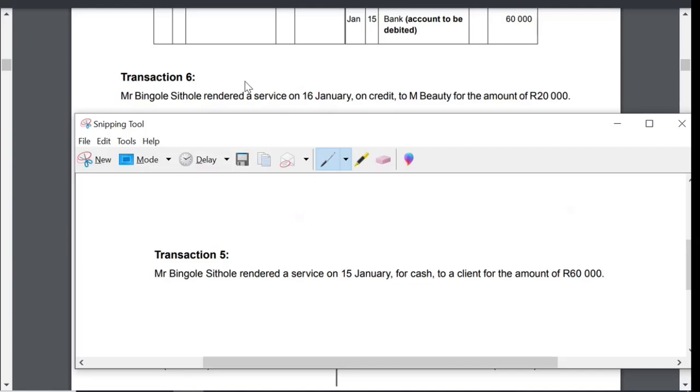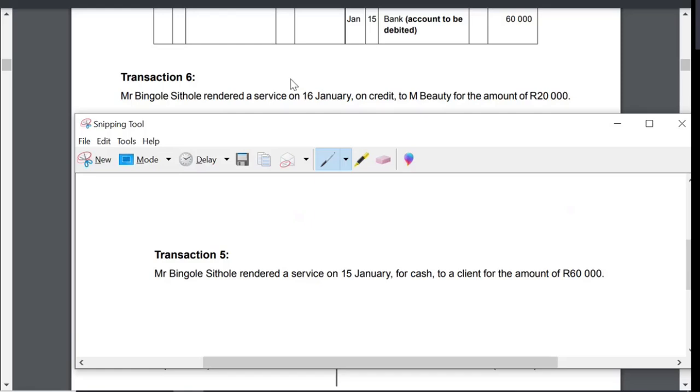So the difference is that in 5, the two accounts are income and bank. In transaction number 6, the two accounts are income and debtors. Please, guys, be aware of the difference between the two. Transaction number 5 is a cash transaction, whereby a service is rendered and cash is received after the service is rendered.